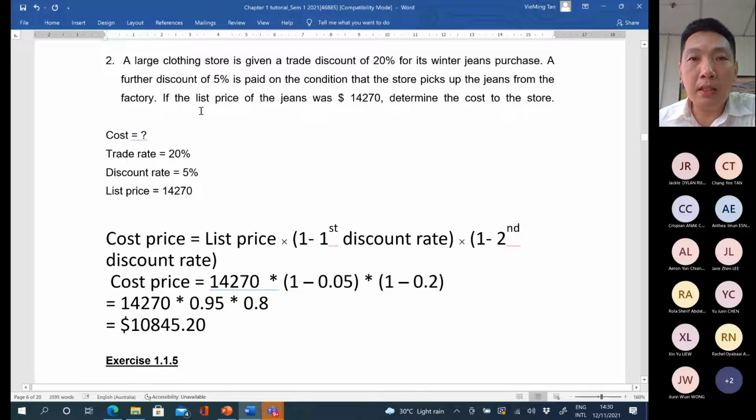Okay, next sentence: if the list price of the jeans was 14270, this is the list price offered by the wholesaler to the retailer. Determine the cost to the store.